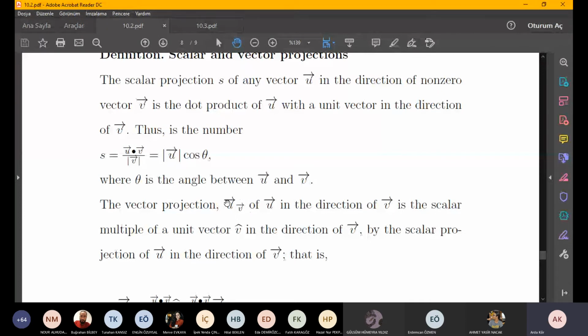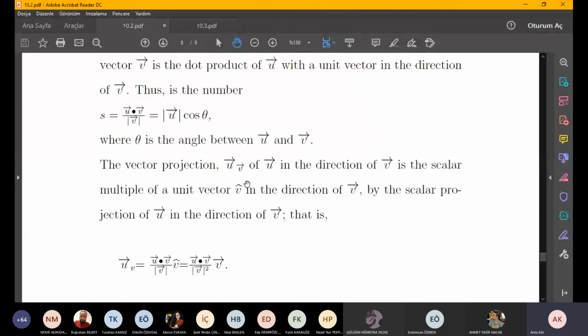So this will be the notation of the vector projection of u in the direction of v. Here as a subscript, we will write the direction. It will be the scalar multiple of the unit vector in the direction of v by the scalar projection of u in the direction of v.